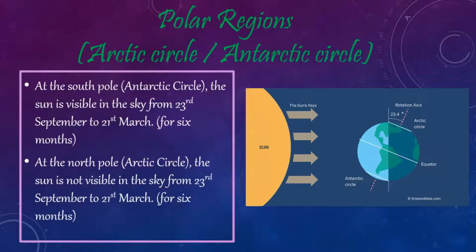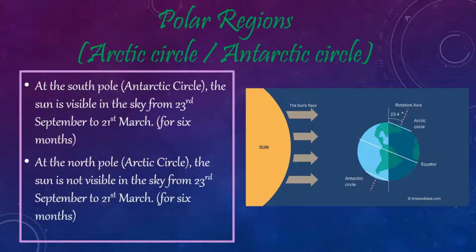At the South Pole, that is Antarctic Circle, the sun is visible in the sky from 23rd September to 21st March, that is for 6 months. At the North Pole, Arctic Circle, the sun is not visible in the sky from 23rd September to 21st March for 6 months.